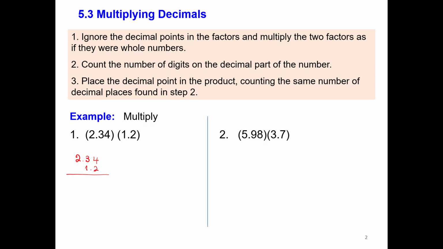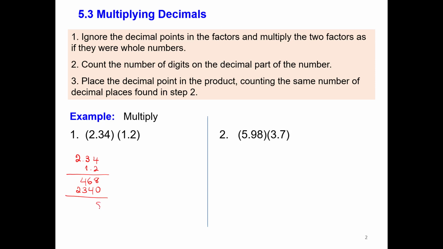Then 2 times 4 is 8, 2 times 3 is 6, 2 times 2 is 4. Now 1 is in the 10 place, so here in the ones place we need to fill in a 0. Then 1 times 4 is 4, 1 times 3 is 3, 1 times 2 is 2.